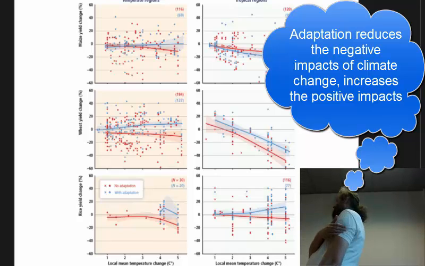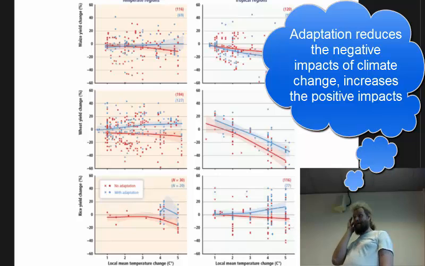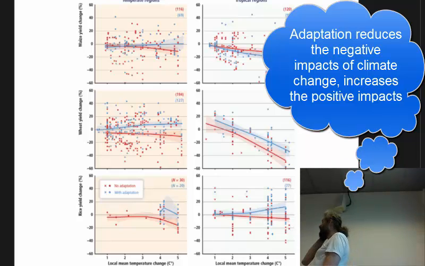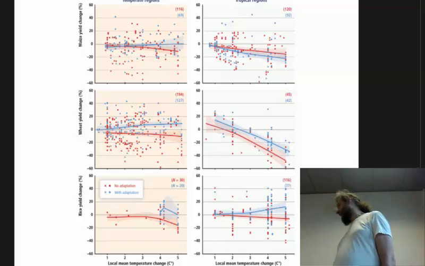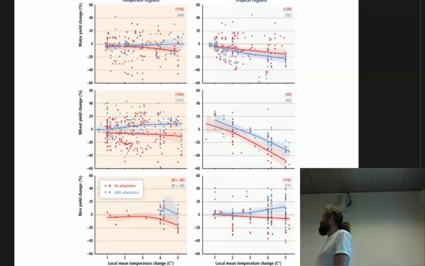And you see that, for instance, for wheat in the tropics, but you may also see a sign change. And we see that, for instance, for rice in the tropics, that without adaptation, you see a decline in yield. With adaptation, you see an increase in yield. And the same is true for wheat in the temperate regions.